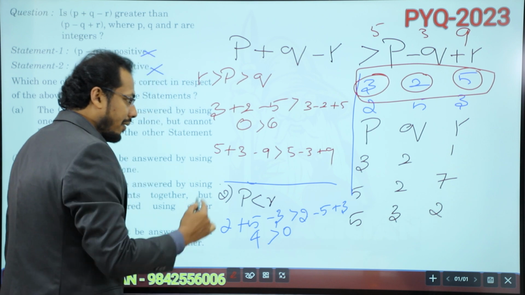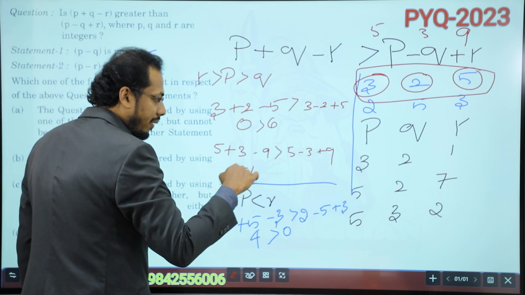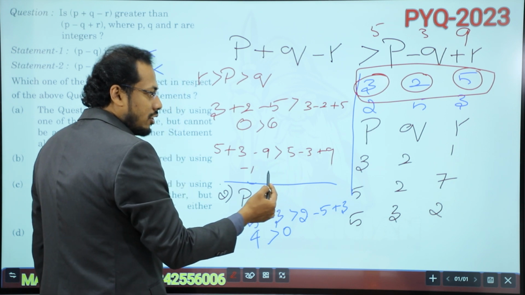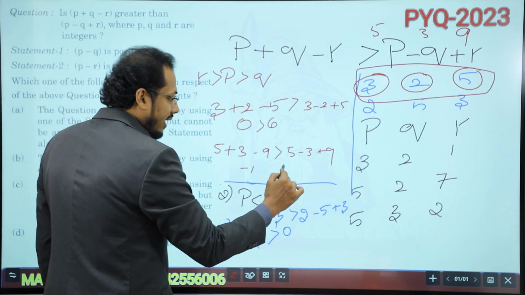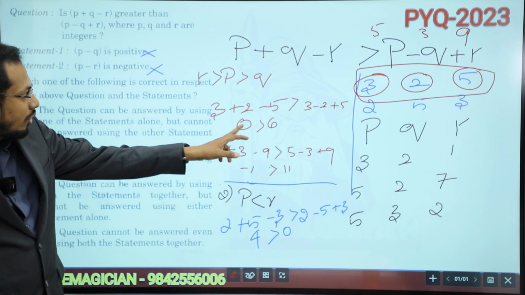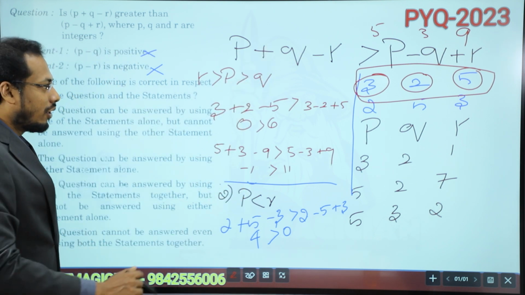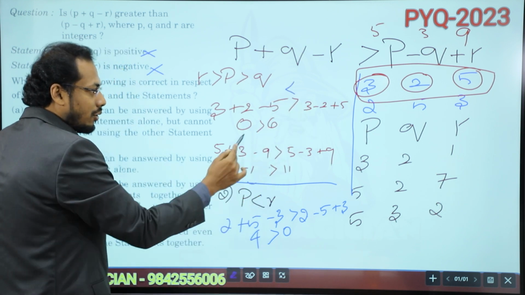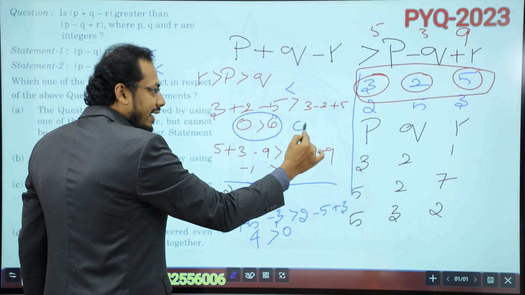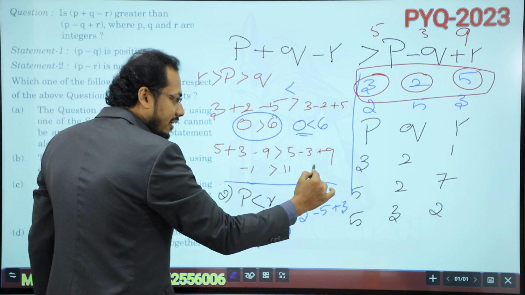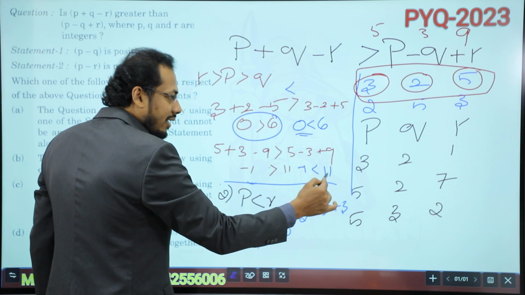What will happen? 5 plus 3 is 8, 8 minus 9 is minus 1, and here 5 minus 3 is 2, 2 plus 9 is 11. So automatically, look at this, here also the given statement is wrong because this is the opposite side. So the right one is minus 1 less than 11.